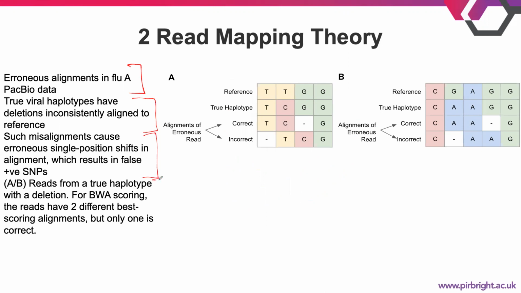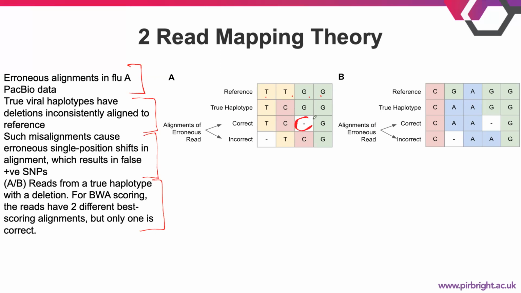If we look at A and B here, we're looking at BWA scoring, and that gives us two different best scoring alignments, only one of which is correct. So here we have our reference genome, TTGG. The true haplotype here is TCGG. Our read has TCG for each of these possible alignments.